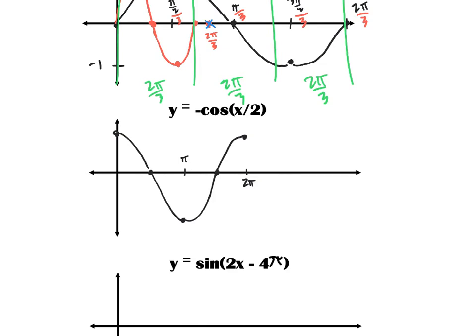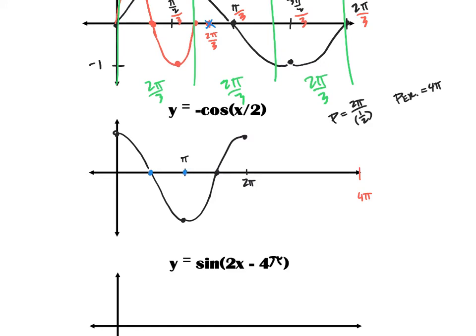Okay, so what I'm going to do is the horizontal stretch first. So I'm going to take 2 pi over 1/2, which is now going to change the period from 2 pi. So period will equal 2 pi over 1/2, which makes the period equal 4 pi. So we're going to stretch this thing out. It's going to take this point, which was pi over 2, and double it.